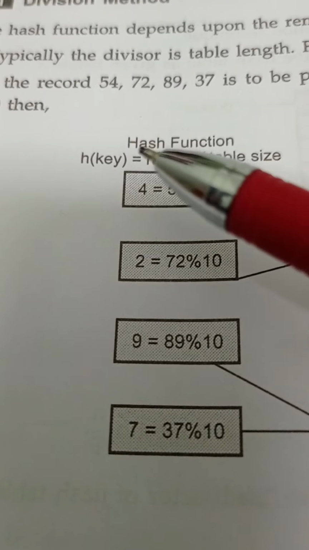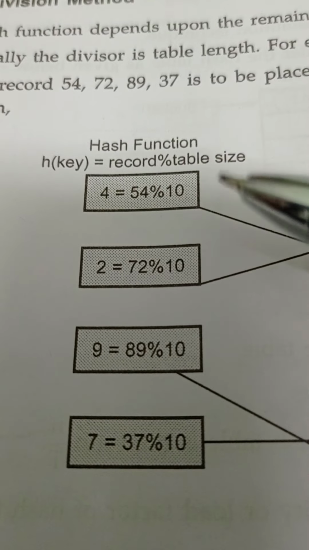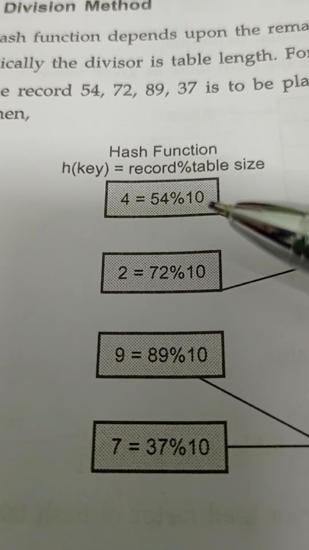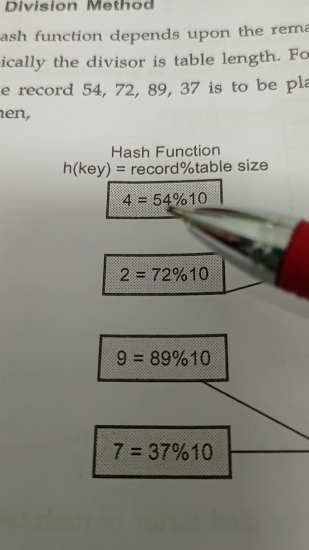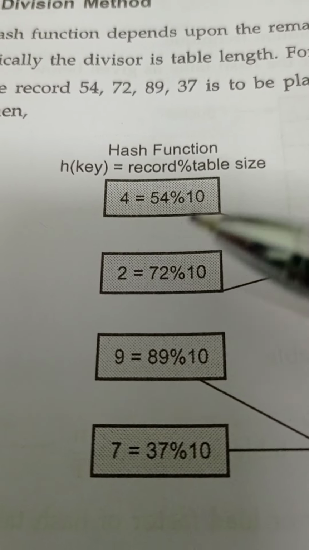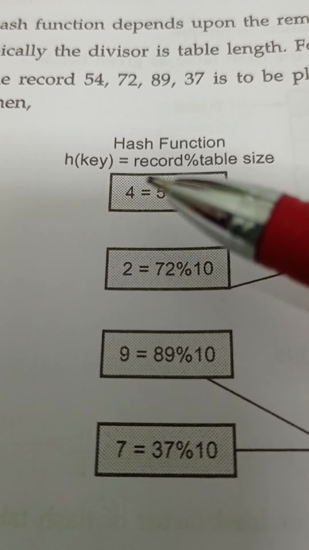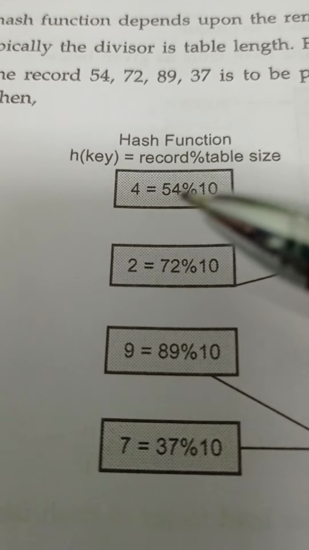For example, we want to store 54. Where do we have to store it? Because the table size is 10, 54 modulus 10 means we are dividing 54 by 10. When we divide 54 by 10, what will be the remainder? The remainder is 4. Therefore we have to place this 54 in the fourth location.